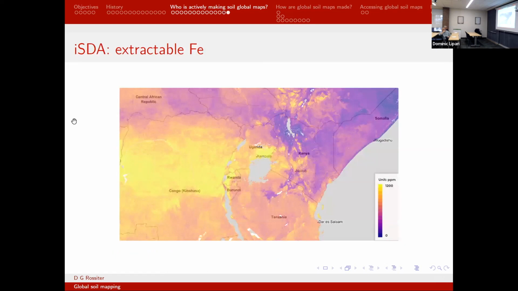This is a map that was done as an Africa project, and this, for example, is extractable iron. That's the kind of product they make. They make models at 30 meters, which I really doubt. It shows a lot of detail, which I don't think is really there. But anyway, that's one of the players. And you'll see their products. They're also based in Aachen.